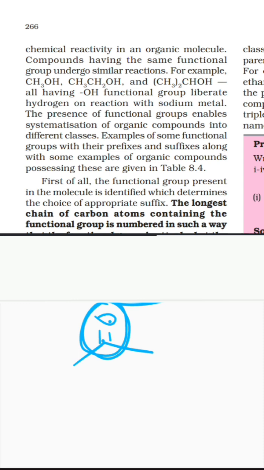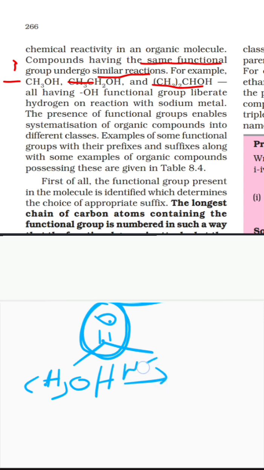That means compounds having the same functional group undergo similar reactions. For example, methanol, ethanol, and isopropanol, all having OH functional groups, liberate hydrogen in reaction with sodium metal. That means if methanol, CH3OH, reacts with sodium metal, Na, then we get hydrogen gas liberated.